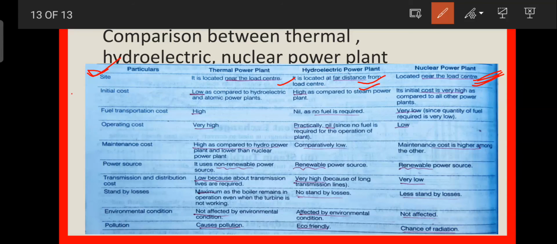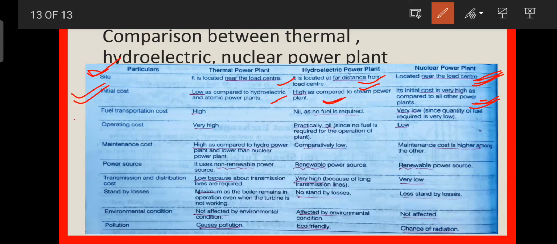And initial cost, so by initial cost the thermal power plant is low as compared to hydroelectric power plant, and hydroelectric power plant is high as compared to steam power plant or thermal power plant. And nuclear power plant, the initial cost is very high, we have seen in the disadvantage case.